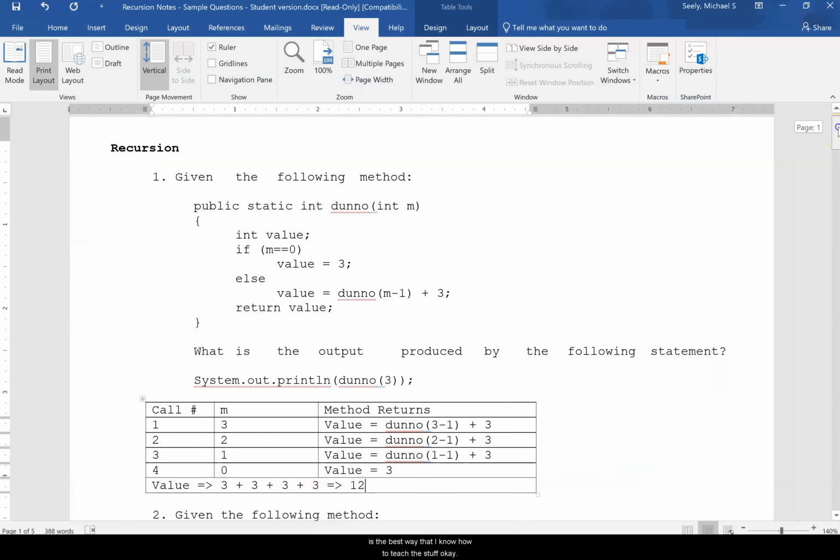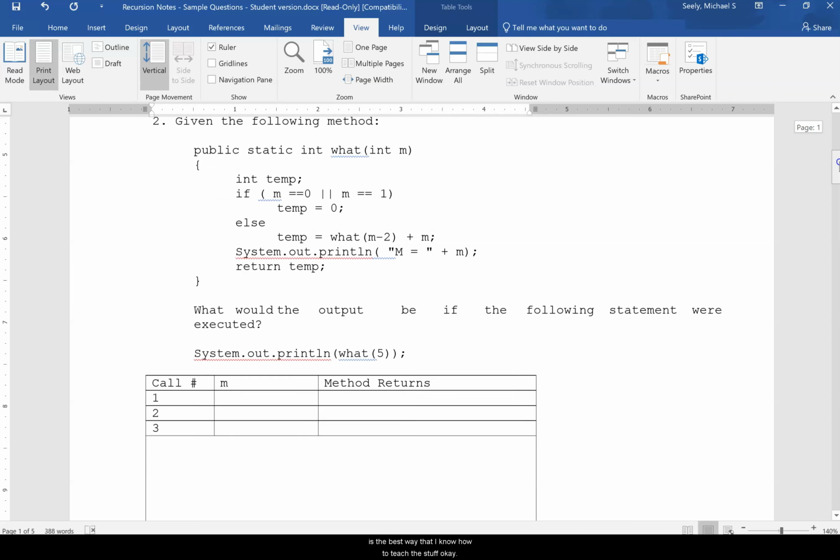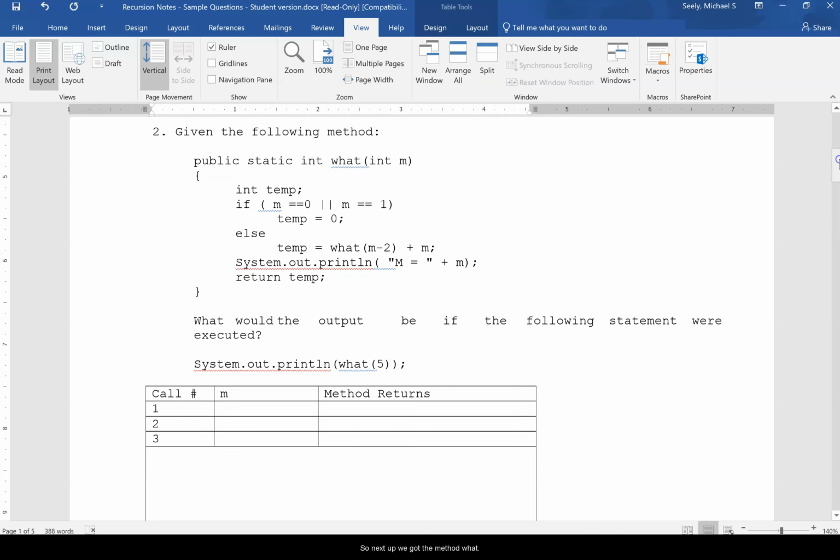So this is the best way that I know how to teach this stuff, okay? So next up, we've got the method what, that 5 is passed into it. So m becomes 5. If m is 0 or 1, then we do this, else we do this. So we have temp is equal to what of 5 minus 2 plus 5.